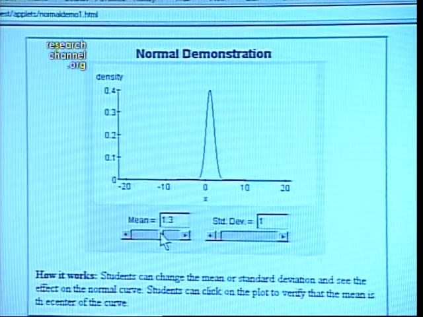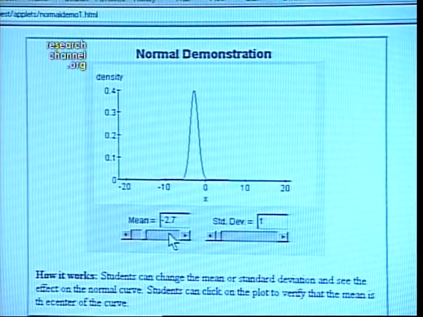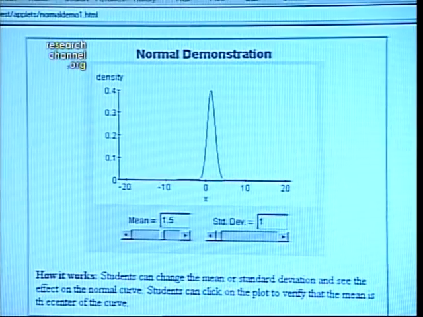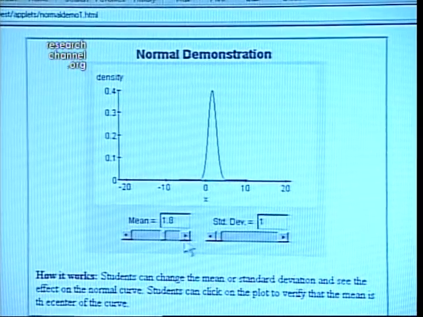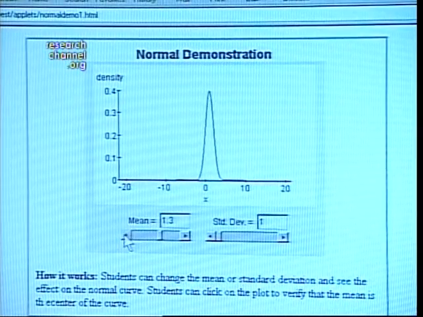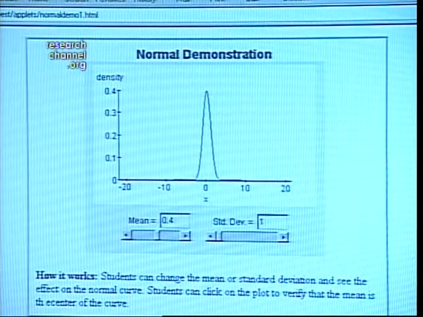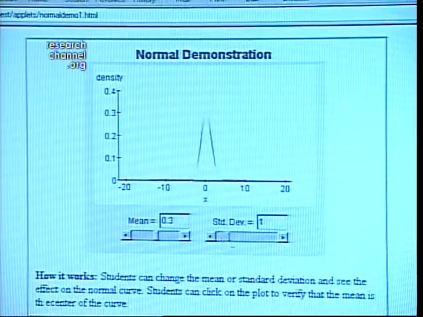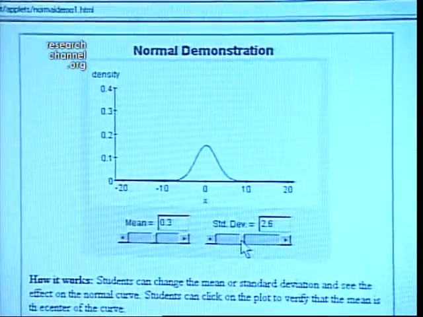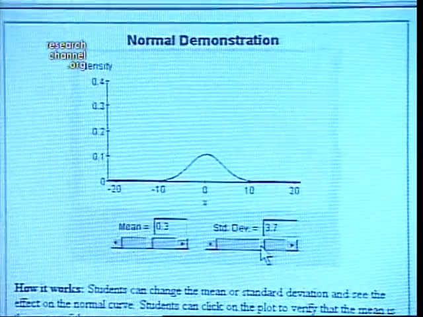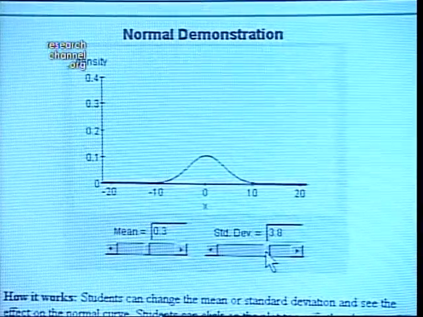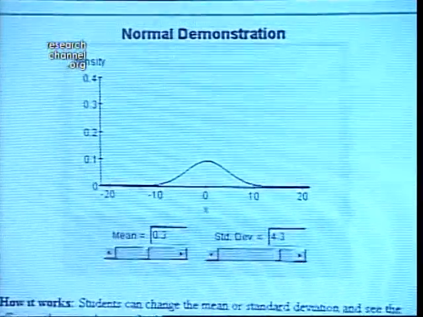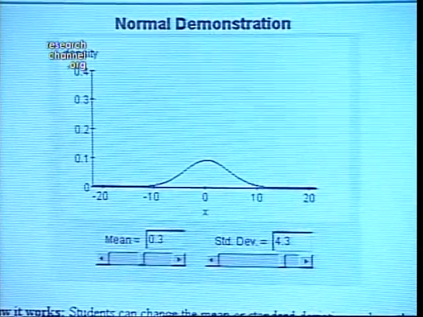What happens if we take this back to a mean of 0 and change the standard deviation? If I increase the standard deviation, look what happens to this probability distribution. When we have an increased standard deviation, the curve becomes flatter and the probability spreads out across more values.